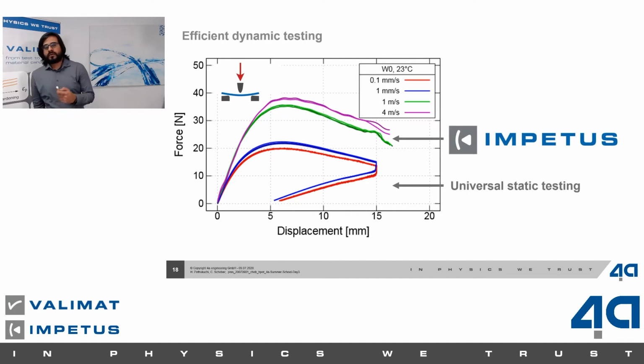Okay, so these are the test data that we have for 3-point bending, exemplarily shown for 4 different velocities. The dynamic tests are conducted with our own Impetus system for 1 meter per second and for 4 meters per second. And the static testing is done on a universal testing machine for the static cases.